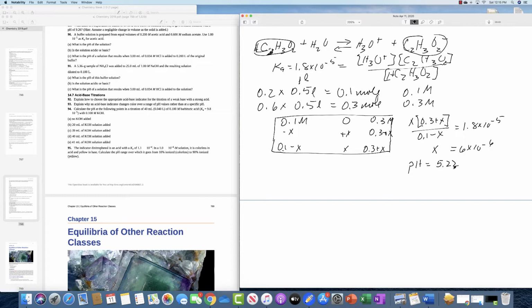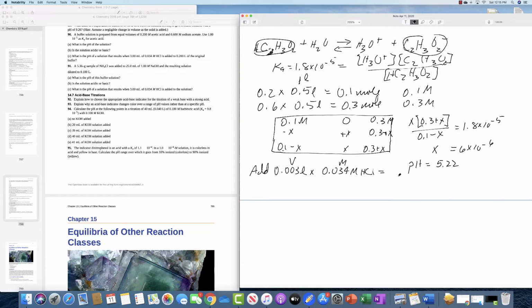Now, the second part of the question says we're going to add 3 milliliters or 0.003 liters of 0.034 molar HCl. Now, first of all, the amount of this is going to be multiplying the volume times the molarity.